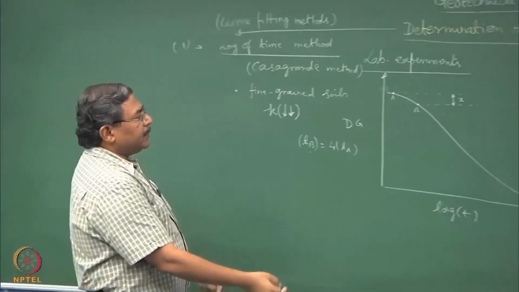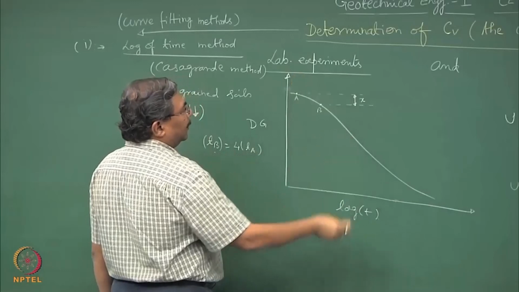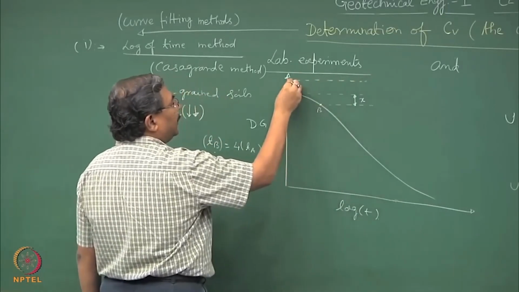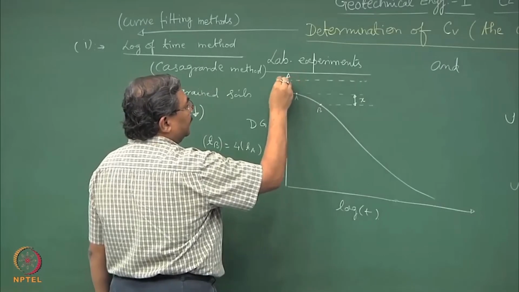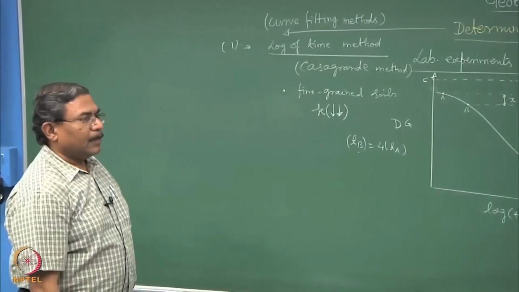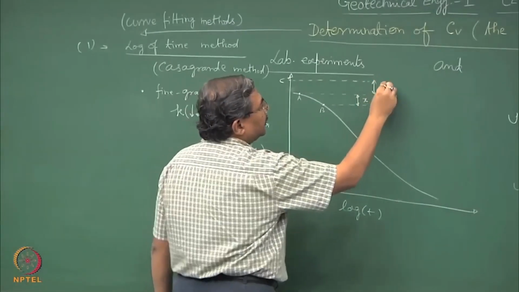What is normally done is this x is incremented on A to get another point, let us say D or C. Now, C to A becomes initial compression.